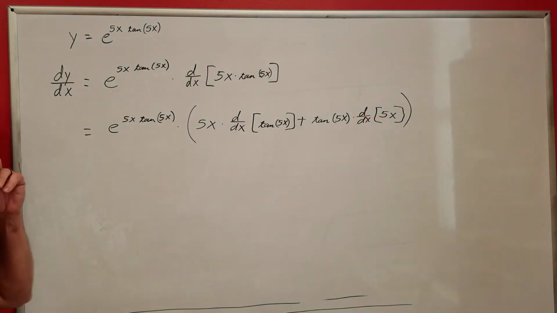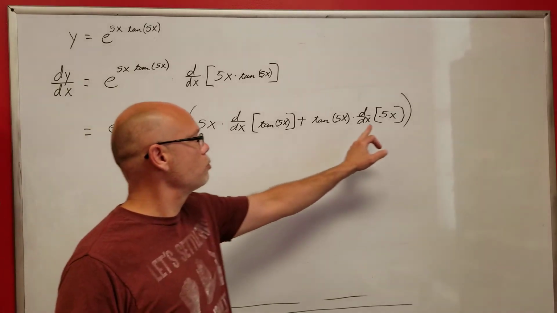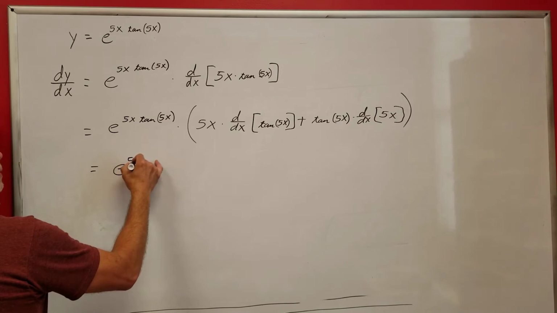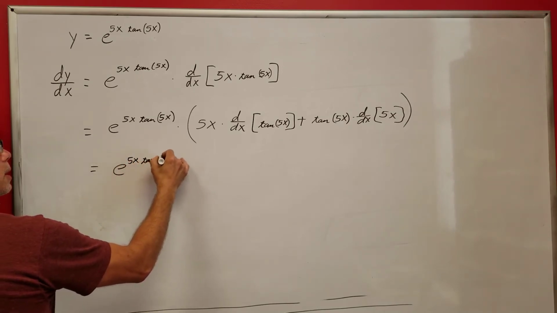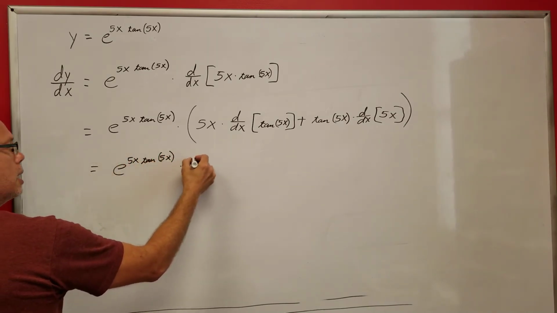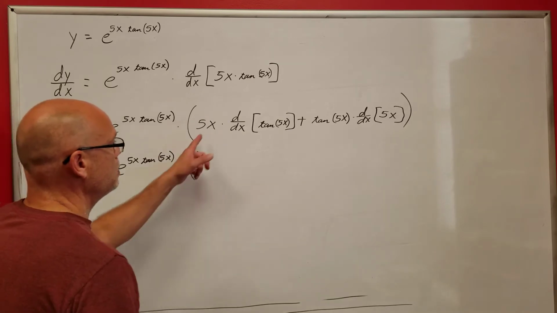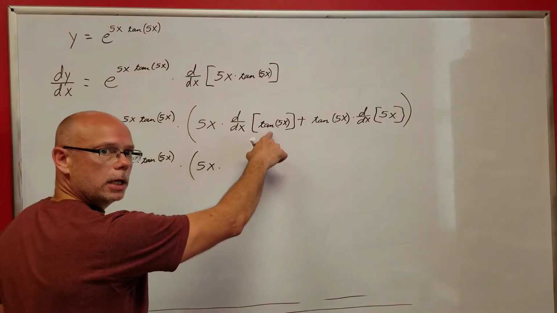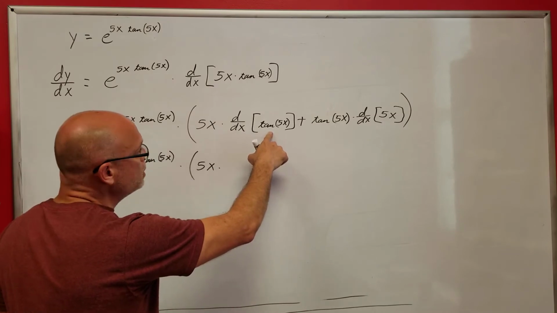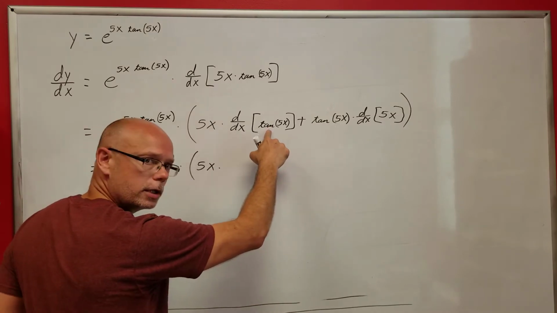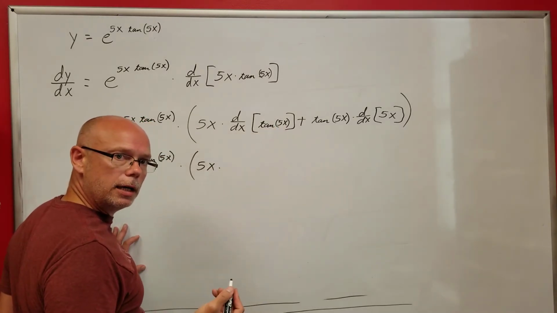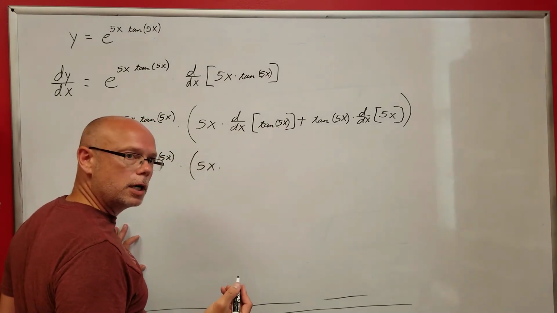All right, let's actually take some derivatives here and here. So I'm going to still bring out e to the 5x tangent of 5x times, now this part I bring down, my 5x, but what's the derivative of this? Well, I'm going to have to use a chain rule. I have an outside function of tangent, inside is 5x. So how do you take the derivative using the chain rule?